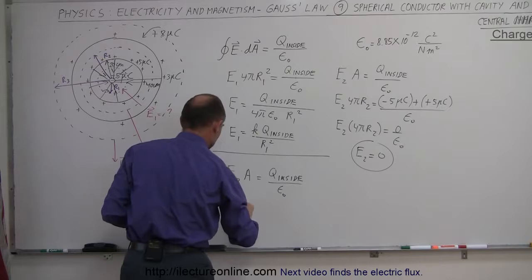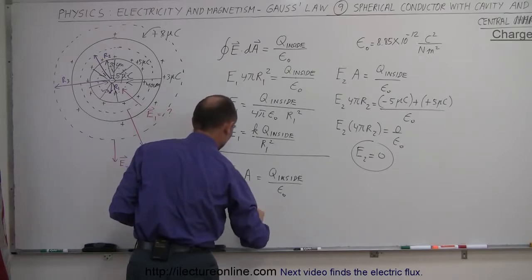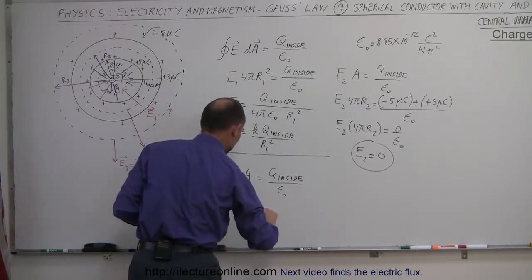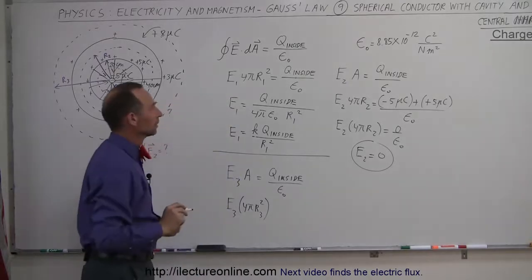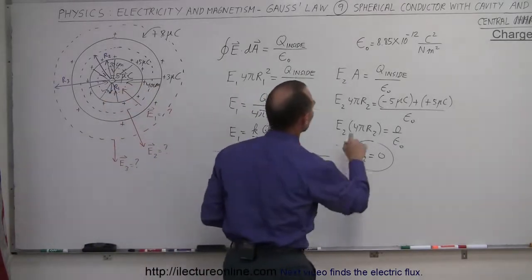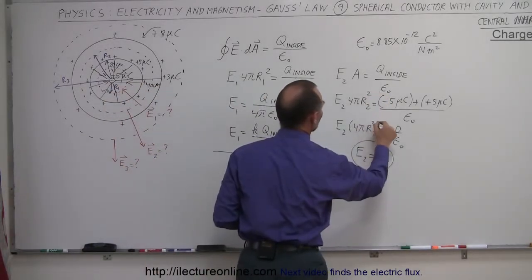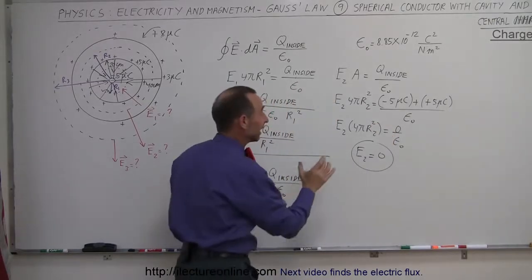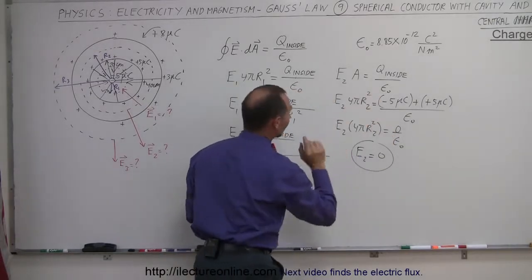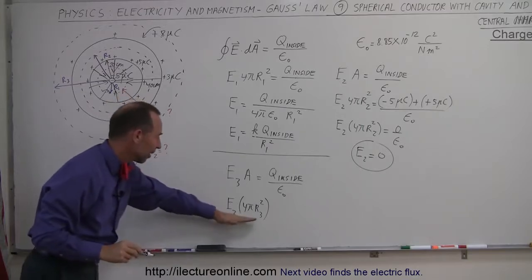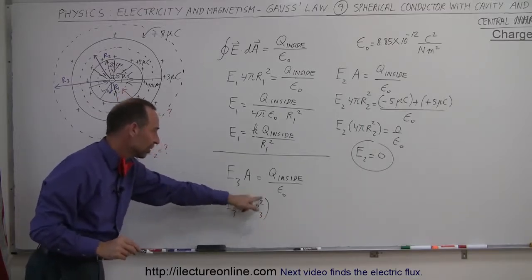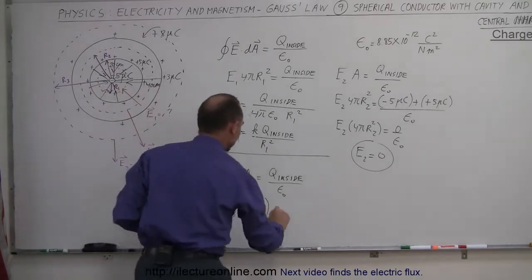So here that becomes E3 times 4 pi R3 squared. Do I have this correct here? I just noticed I made a mistake there. The area is 4 pi r squared, not just 4 pi r. So 4 pi R3 squared, all right? And that equals the Q inside.